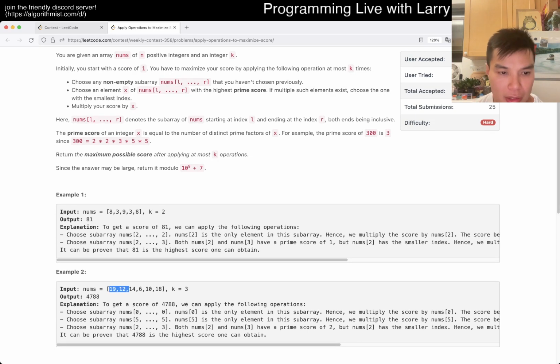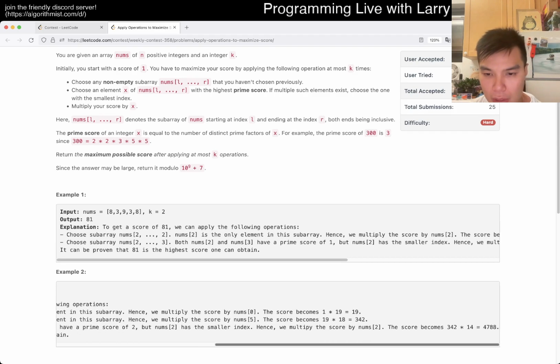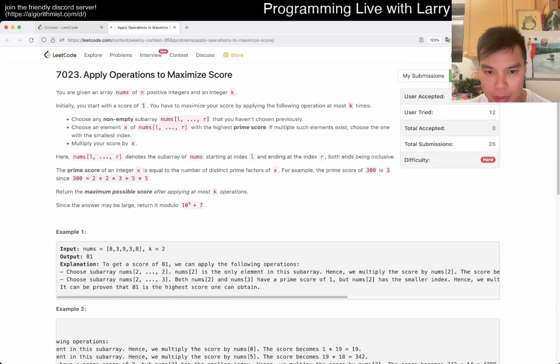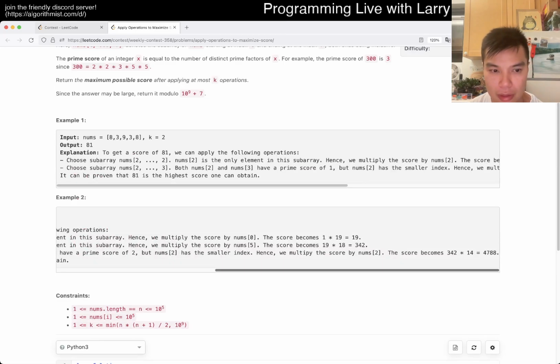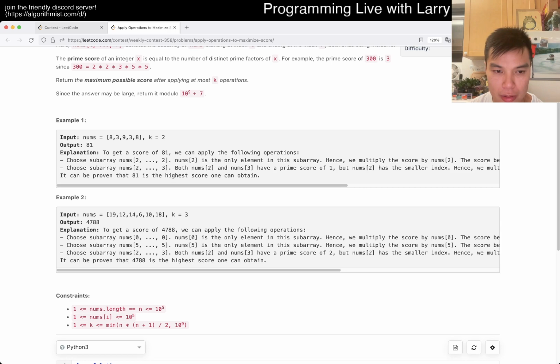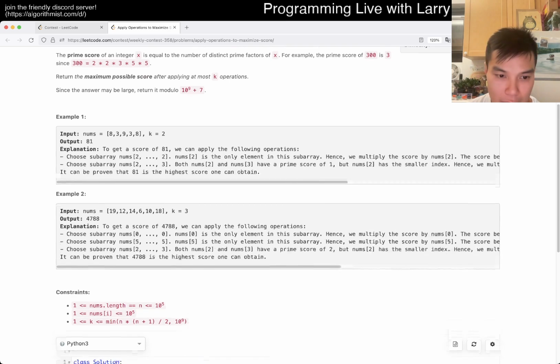Oh, I guess I see, because 0, 1, 2 has a higher prime score. Okay. Seems like it's a priority queue thing, but you still have to kind of process it. That's it.